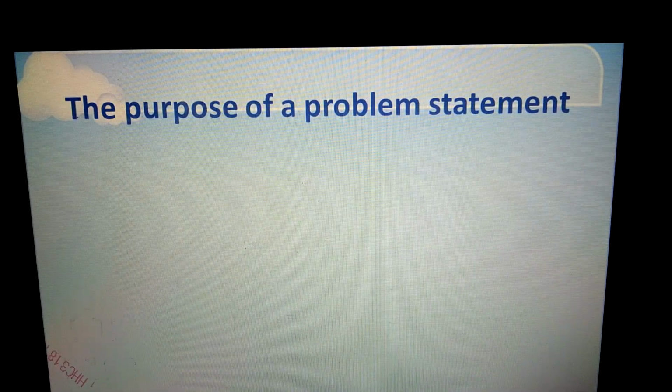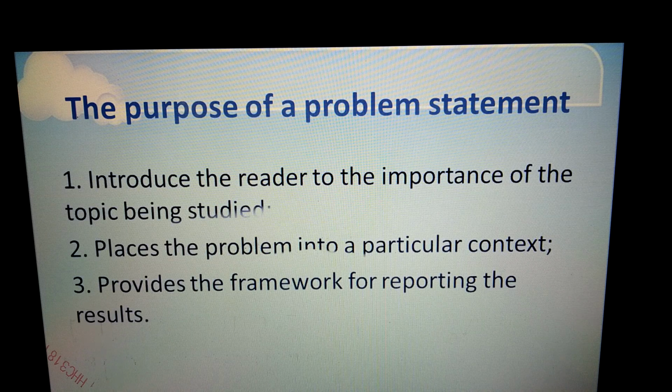The purpose of a problem statement: first, it introduces the reader to the importance of the topic being studied. The reader is oriented to the significance of the study and the research question or hypothesis to follow.